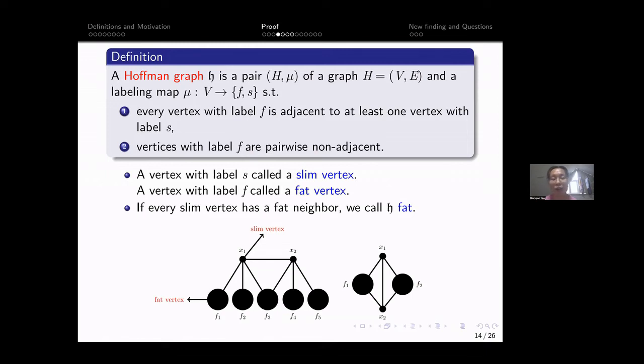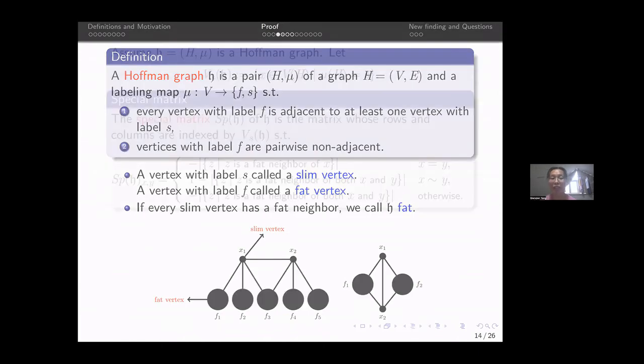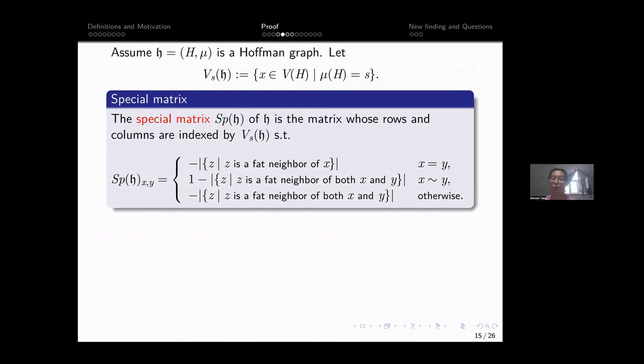And we have Hoffman graphs, and if we want to use them to study the smallest eigenvalue, then we must define some matrices related to Hoffman graphs, as we have the adjacency matrix for an ordinary graph. Here is the matrix related to a Hoffman graph. Assume that H is a Hoffman graph.